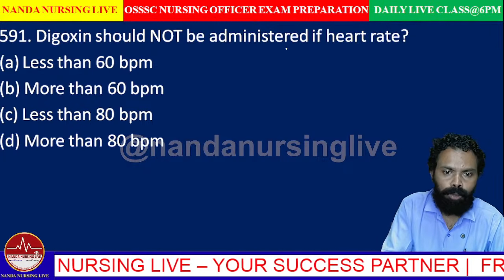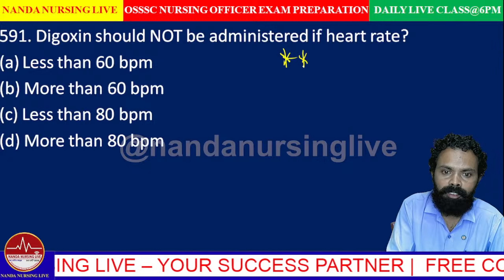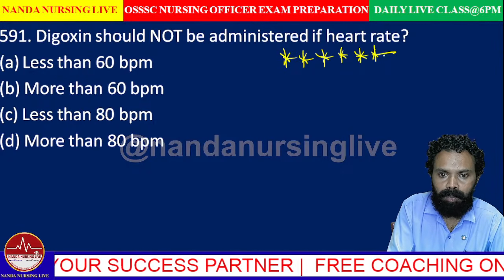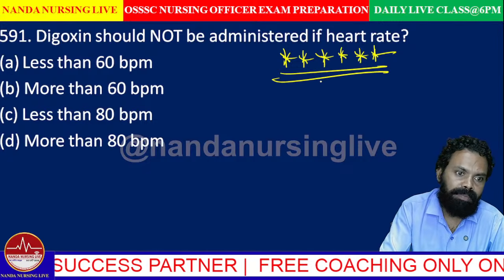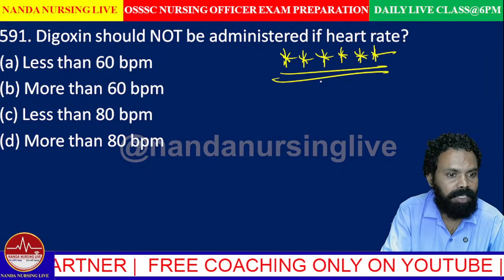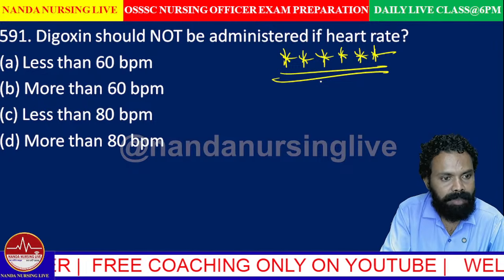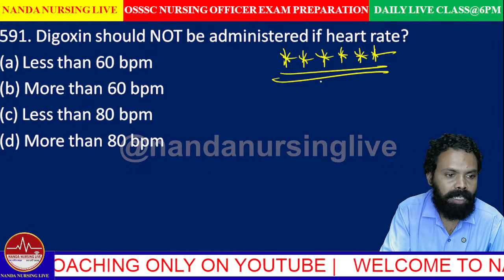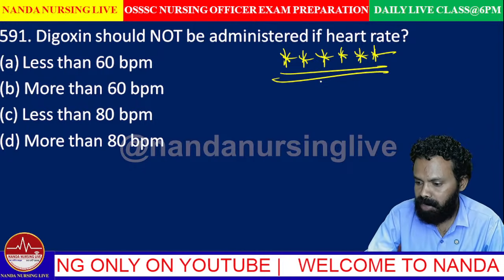Next question, question number 591. Digoxin should not be administered if the heart rate is: option A less than 60 beats per minute, option B more than 60 beats per minute, option C less than 80 beats per minute, option D more than 80 beats per minute.